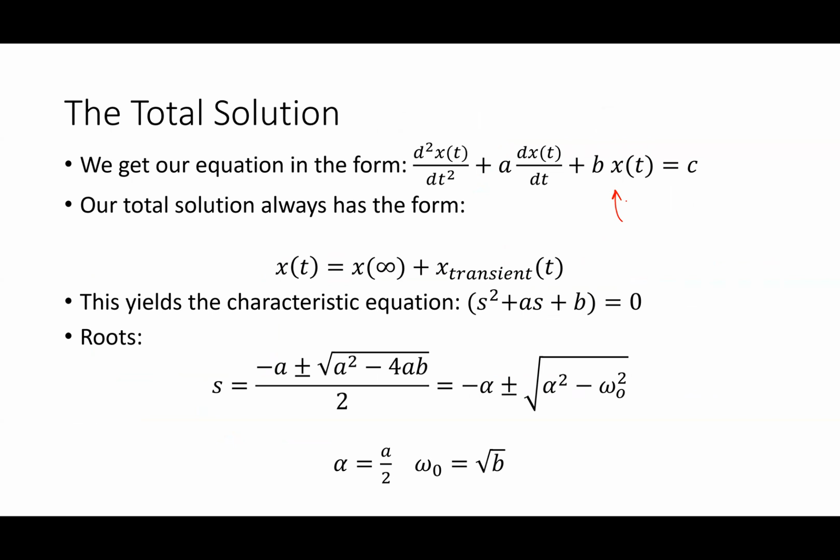What is the transient solution to any differential equation always? If there's nothing else that you know about differential equations, it's probably this: it's going to end up with an exponential. Always going to have an exponential. And if I have, in this case, a second order, I'm going to get two exponentials.